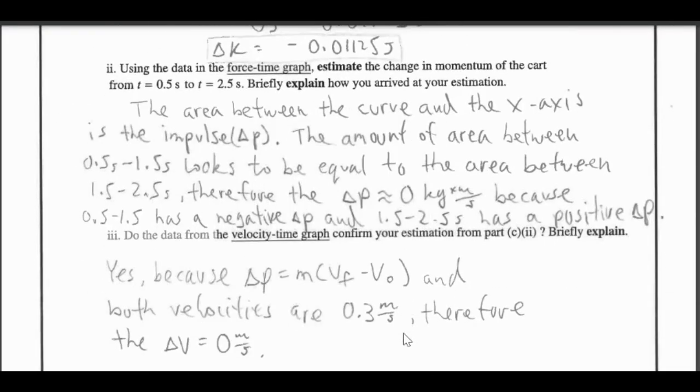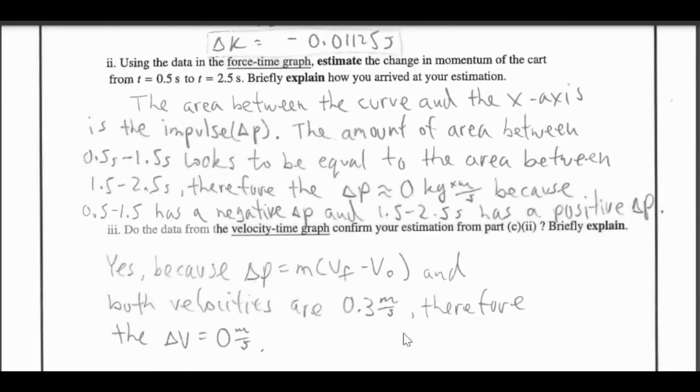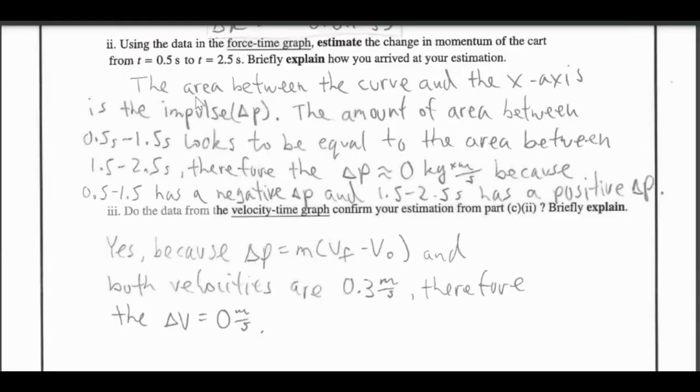So I'm just basically articulating that and then saying that the area between the curve and the x-axis is the impulse. The amount of area between 0.5 and 1.5 looks to be equal to the area between 1.5 and 2.5 seconds. Therefore, the delta P, or impulse, is about 0 kilogram meters per second, because from 0.5 to 1.5, that has a negative change in momentum, and 1.5 to 2.5 has a positive change in momentum.